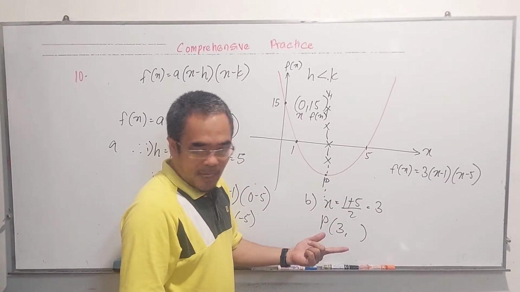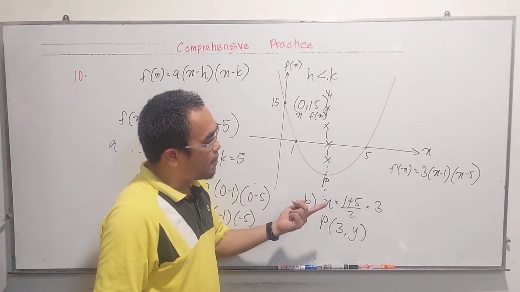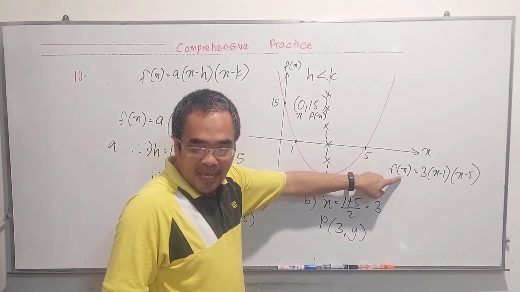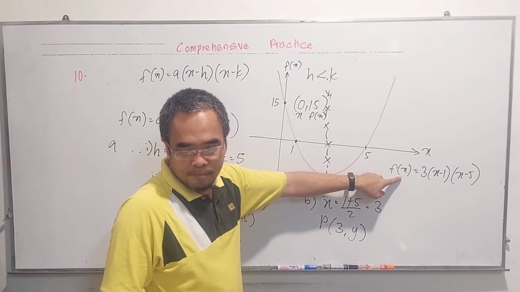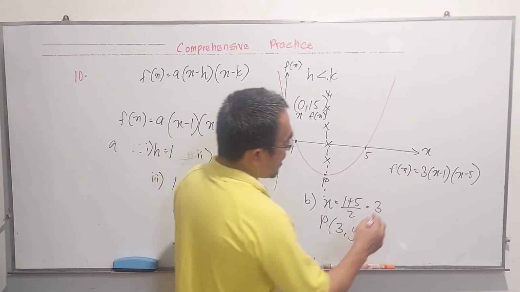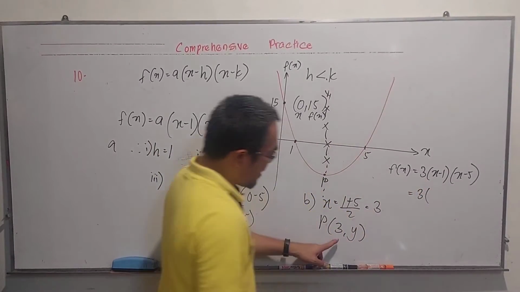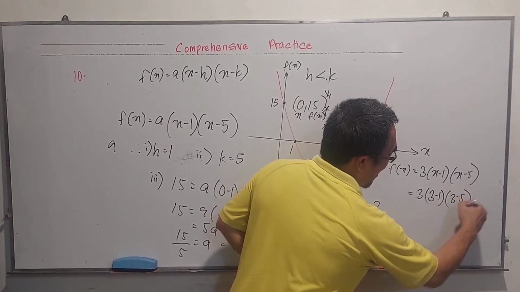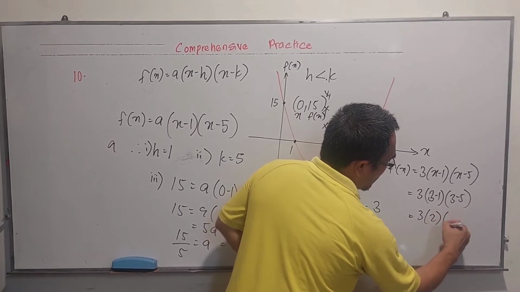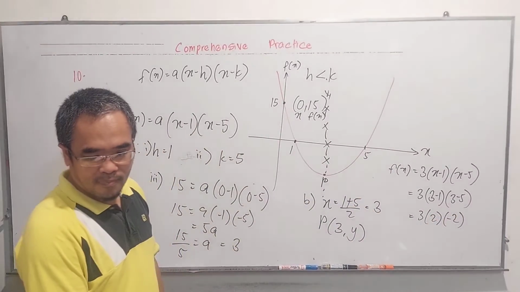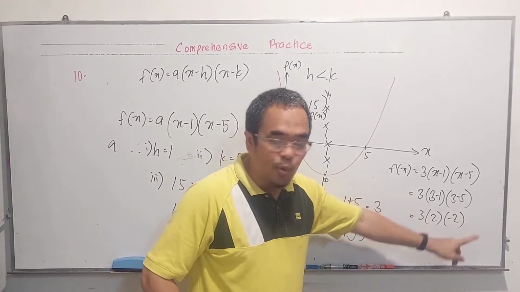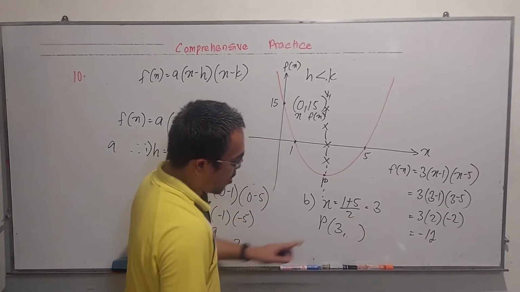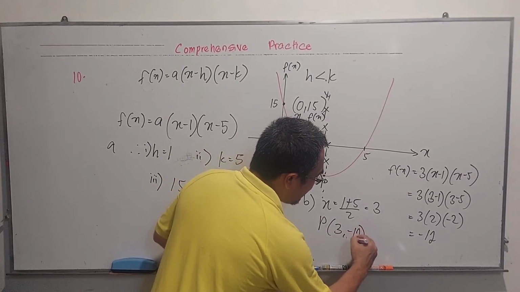So replace x as 3: 3 times (3 minus 1) and (3 minus 5), so 3 times 2 times negative 2, which is negative 12. Therefore the coordinate of P will be (3, negative 12).